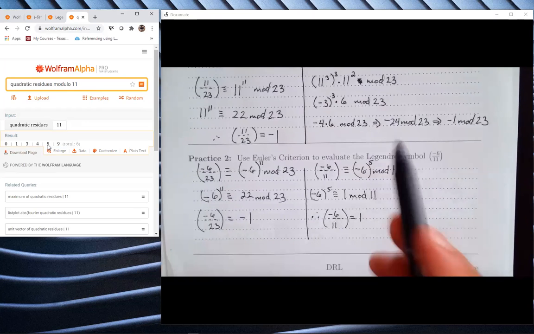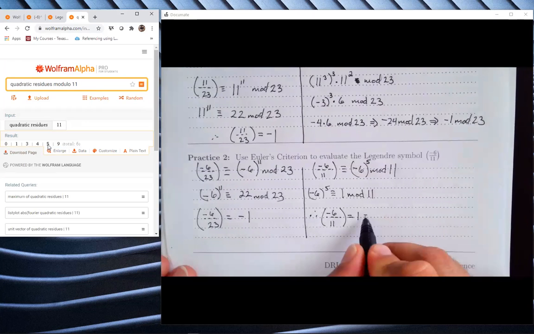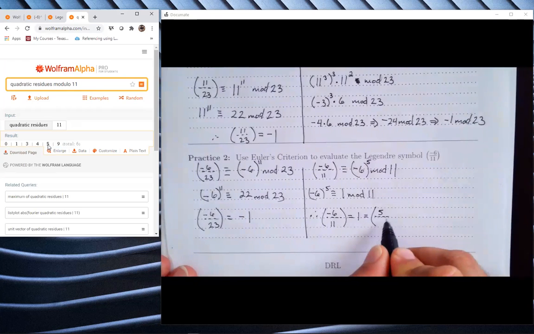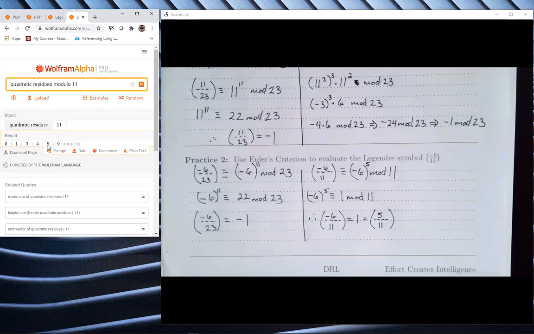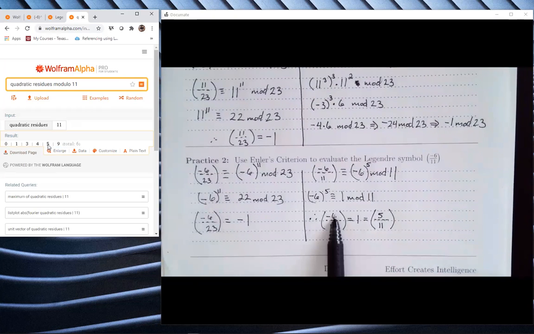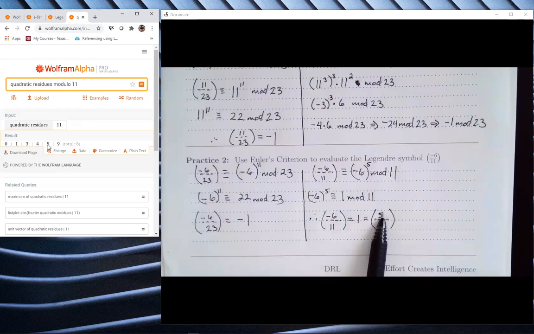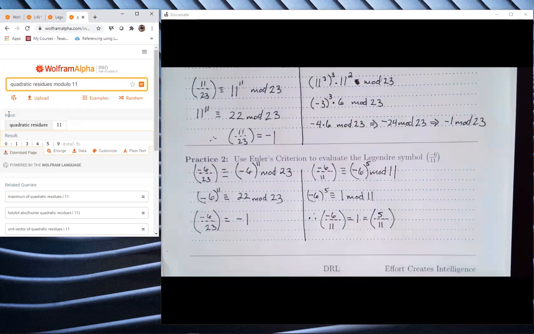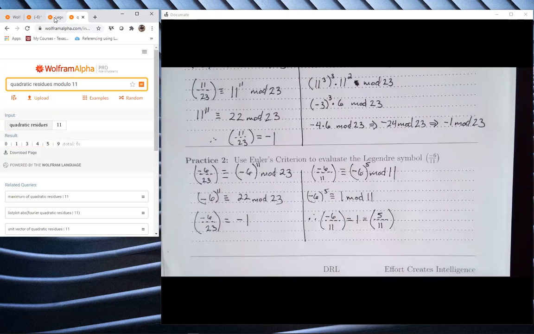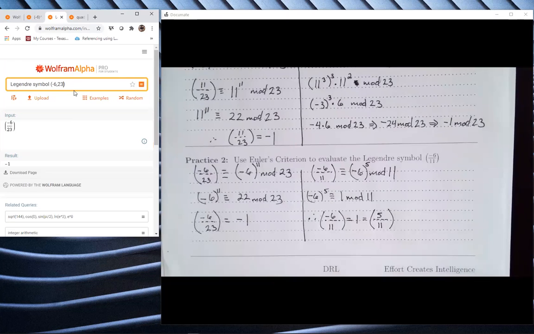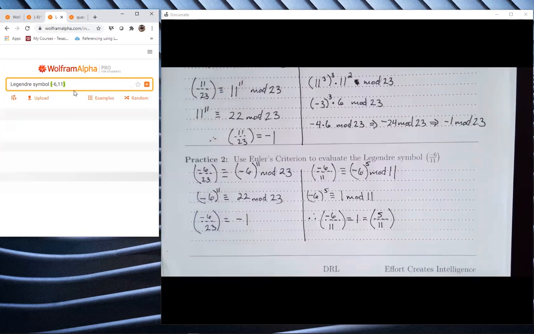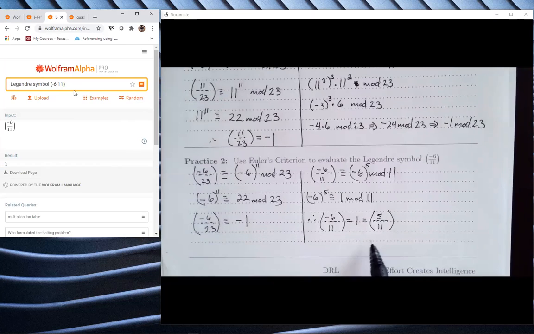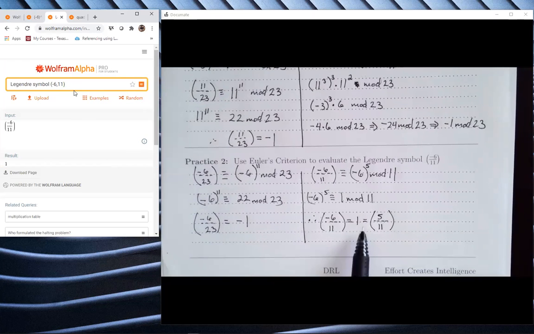So this is the same as the Legendre symbol of 5 modulo 11, because if -6 is a quadratic residue modulo 11, then 5 must also be one. We could also check our work by computing the Legendre symbol of -6 modulo 11, and inputting that, we do get the answer of 1.